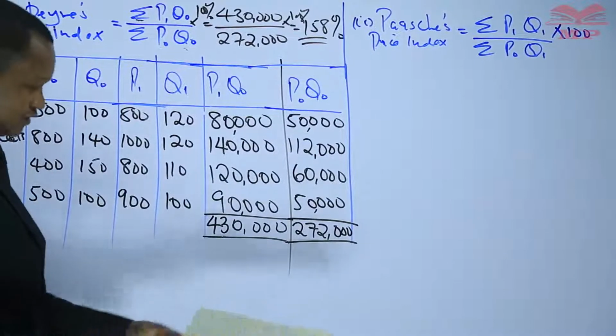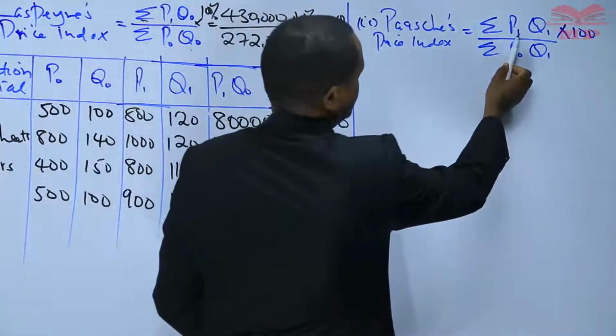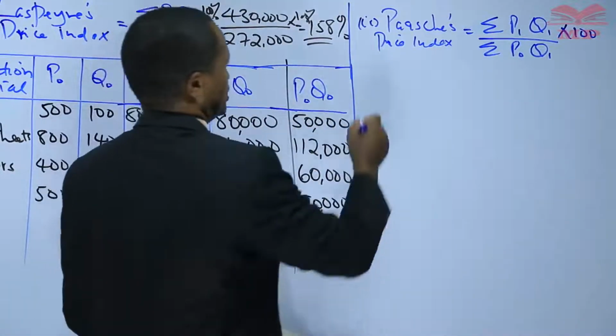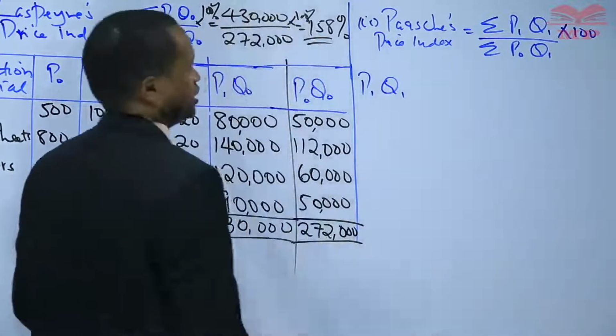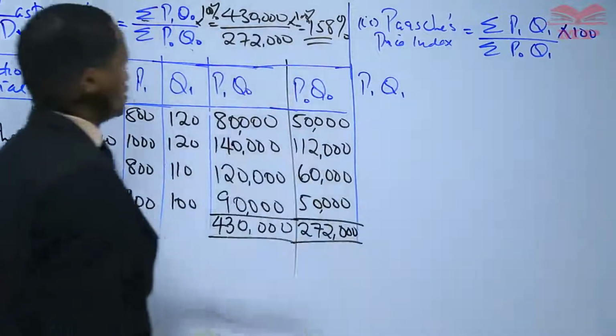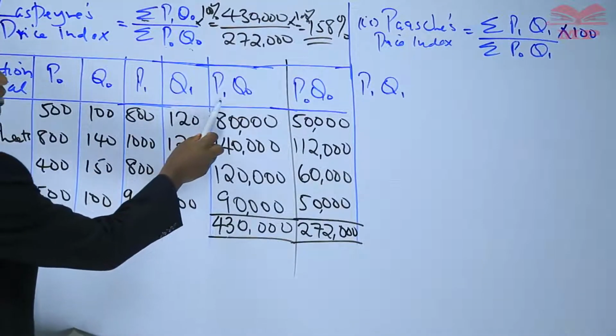So we'll need to have a column for P naught Q1. This is P1 Q1. Then P naught Q1, we already have it here. P1, do we have it? No, we don't.